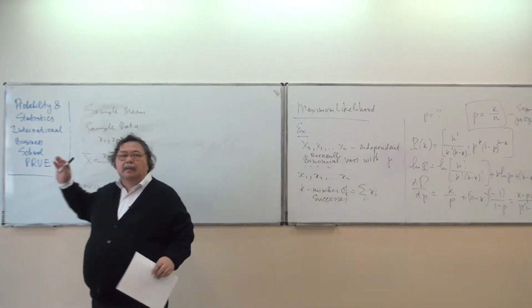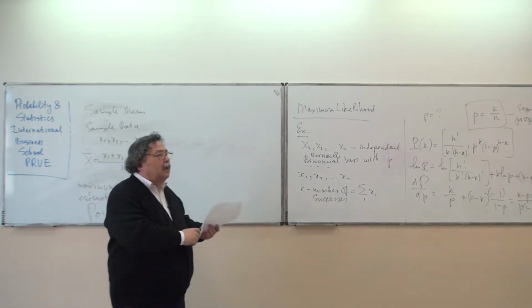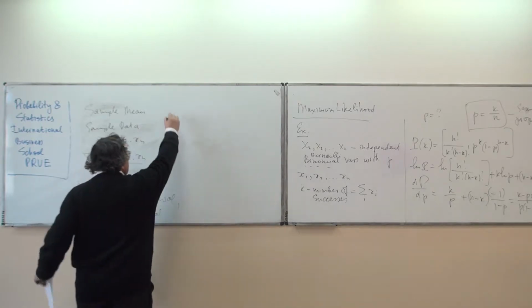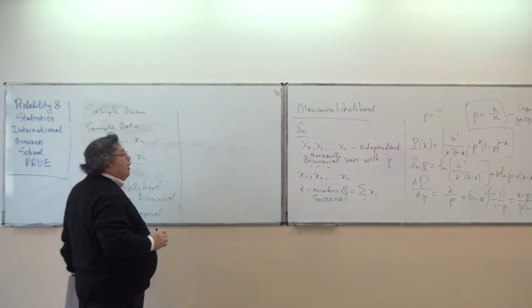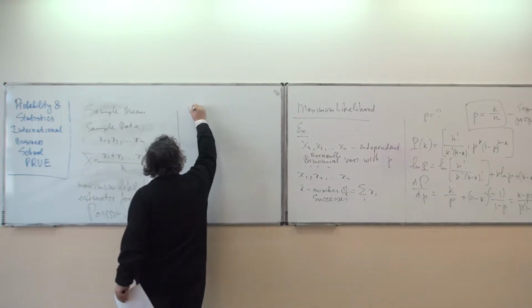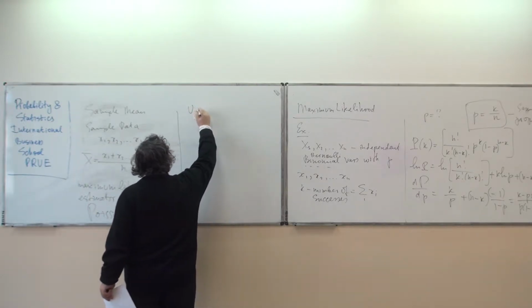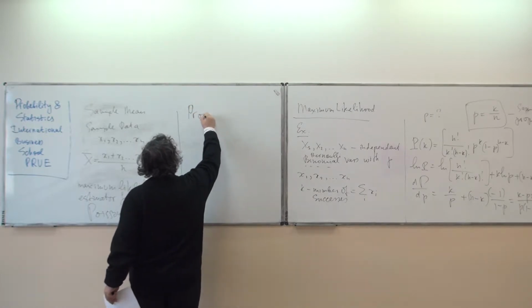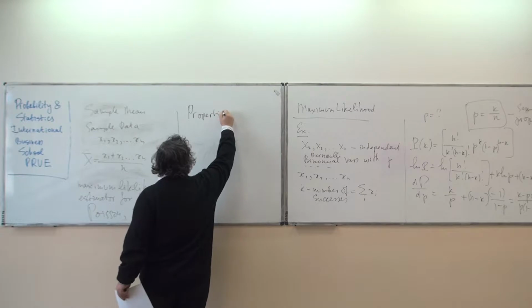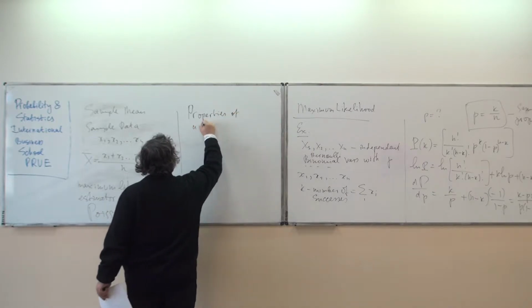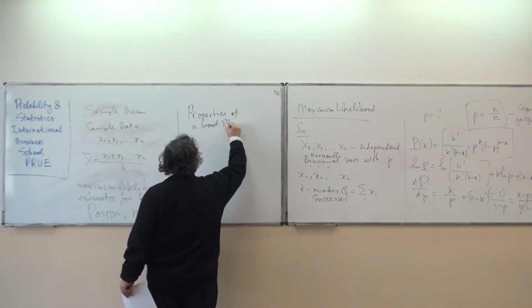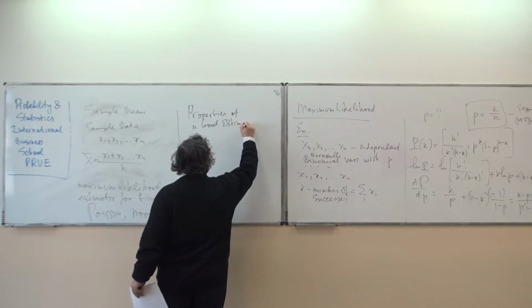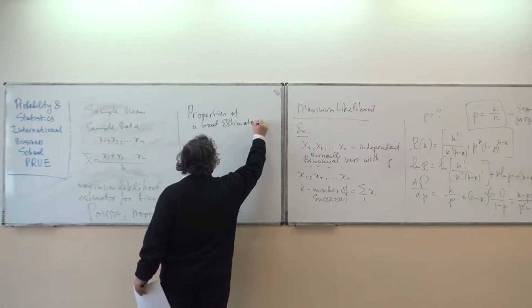The maximum likelihood principle is just one approach, and some others are these. Let's put it this way: properties of a good estimator.